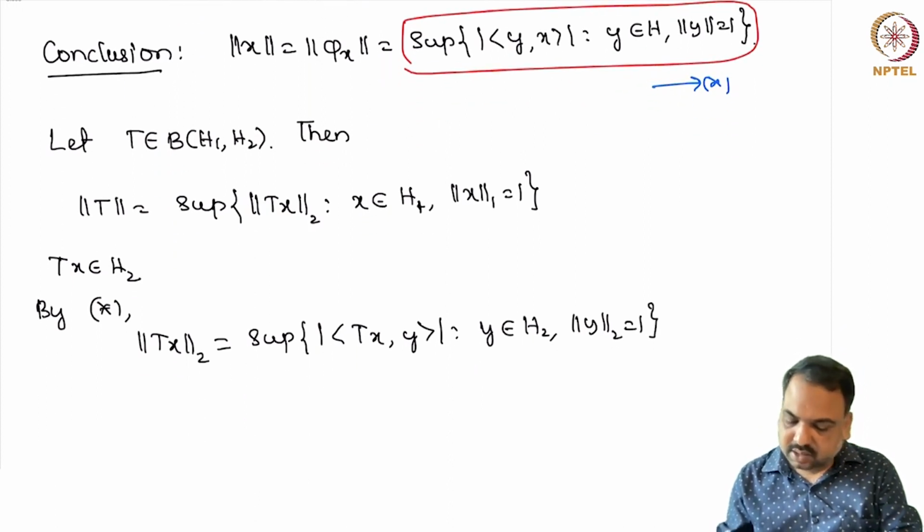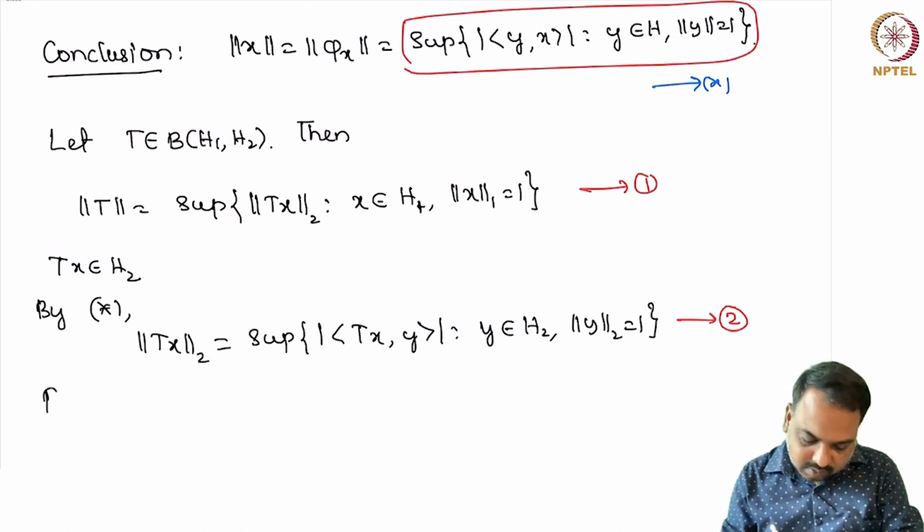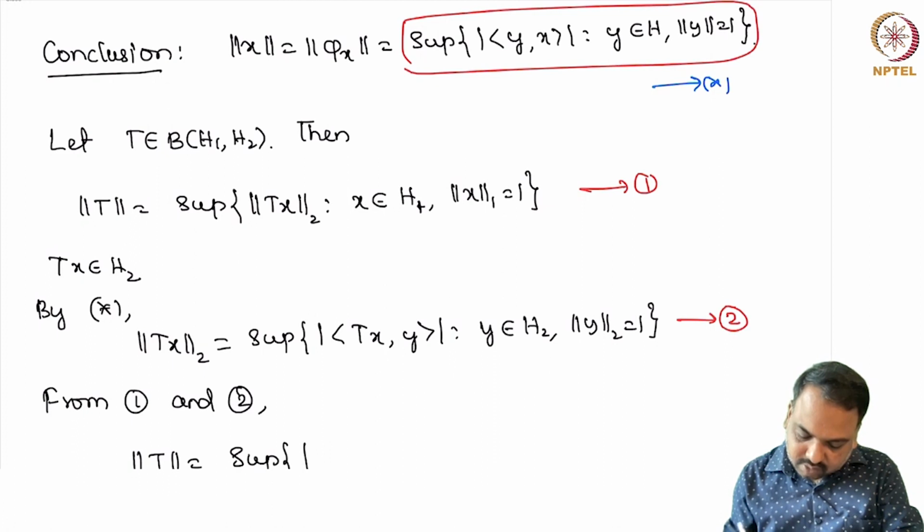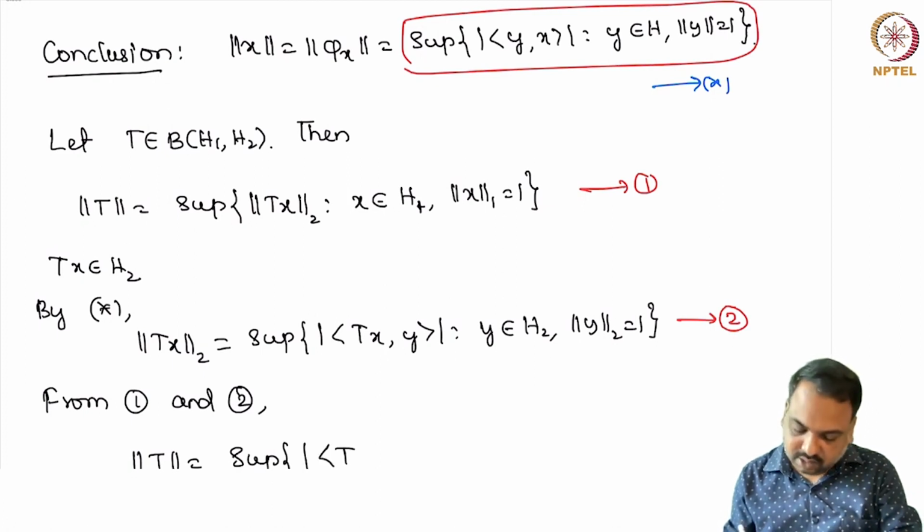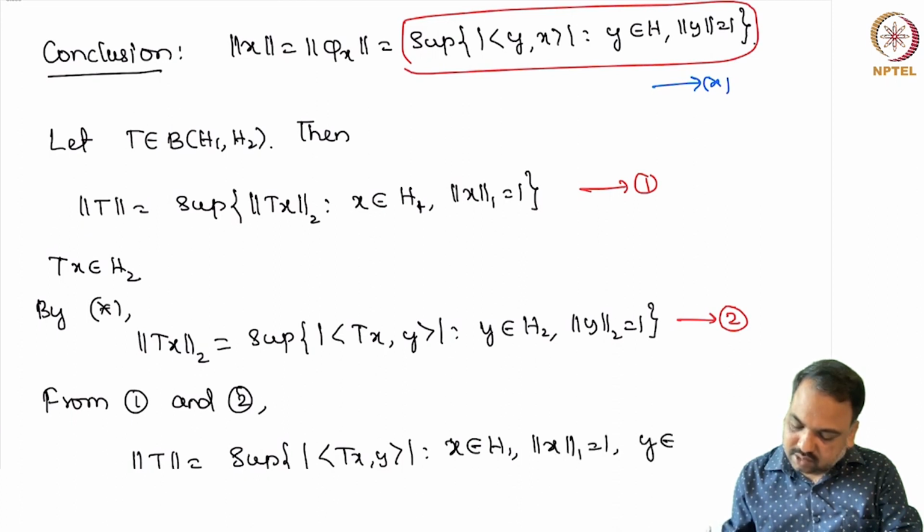Okay, so let us look at these two equations. Let us say this is 1 and this is 2. Then from 1 and 2 we can conclude that the norm of T is exactly the supremum of the modulus of the inner product of Tx with y, where x is coming from H1 with norm x equal to 1 and y is coming from H2 with norm y equal to 1.